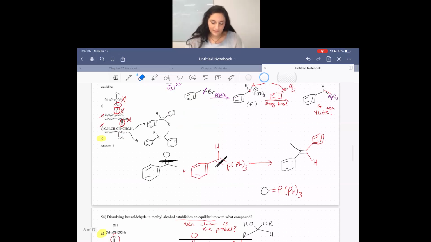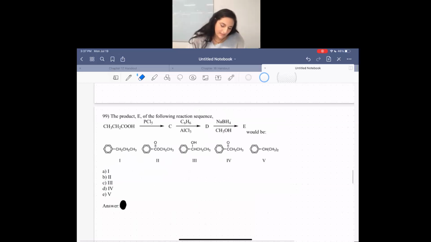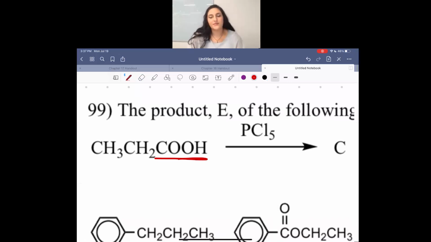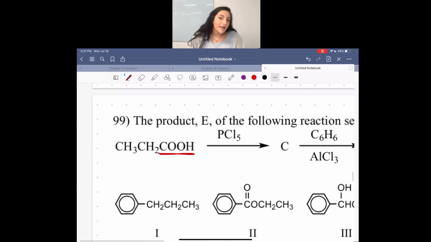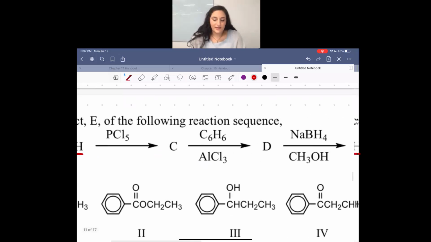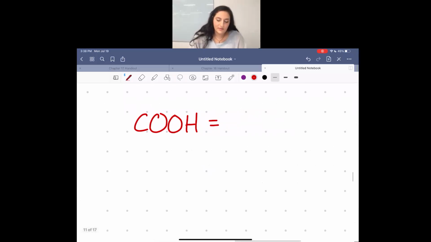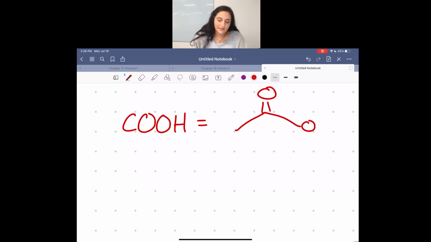Okay, cool. So I will draw this out for you, but first I want you to tell me, what functional group is this? Ooh, okay. It is a carboxylic acid, and this is one of those ones that trips people up, but you gotta know it because it'll save you a lot of time on the exam. So COOH equals this.